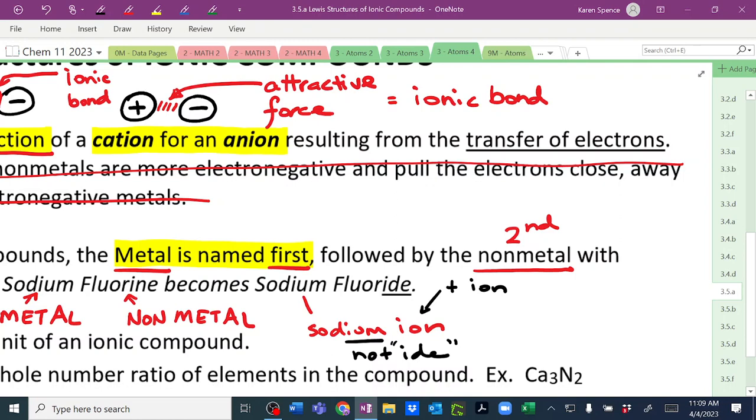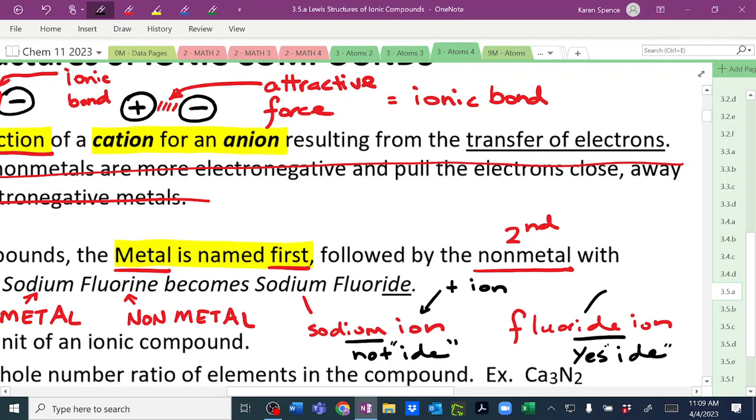And then we have the fluoride ion, and that ending does change to "ide," because it is the negative ion, and the ending of negative ions change to "ide." The ending of positive ions do not change to "ide." You don't say sodiide chloride, and you also don't say sodium chlorine, right? So that we have our Na plus and we have our F minus.